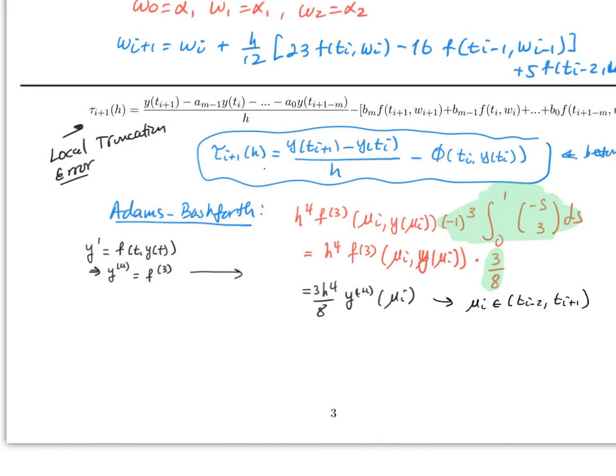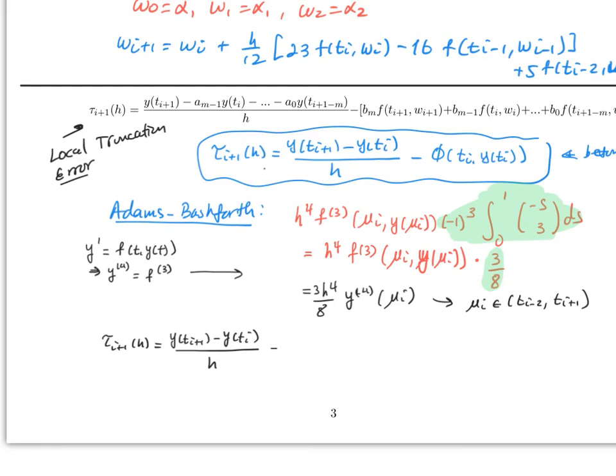Therefore, for this particular method, tau i plus 1 of h, which by definition is y of ti plus 1 minus y of ti divided by h, and if you divide the whole thing by h, notice how this h disappears.